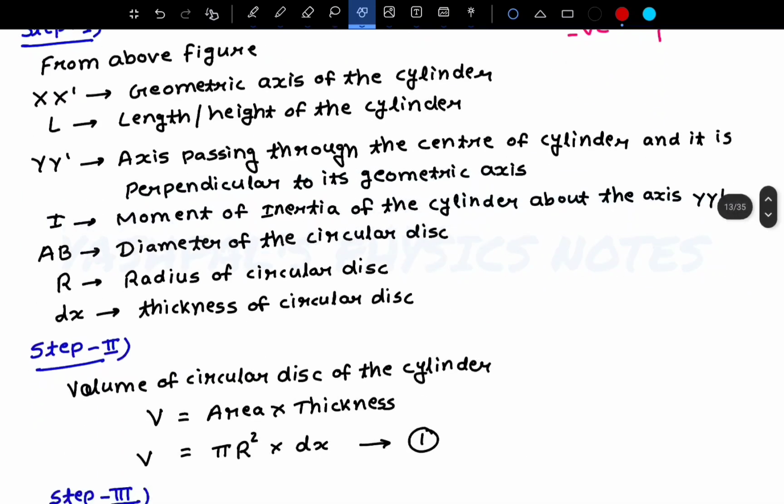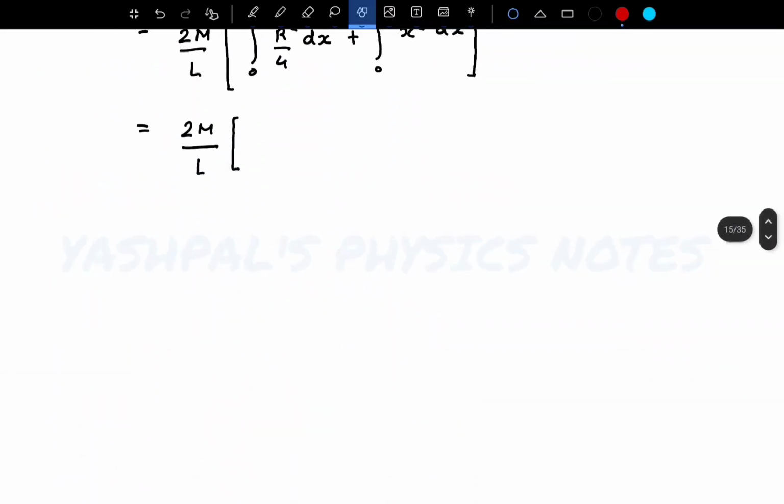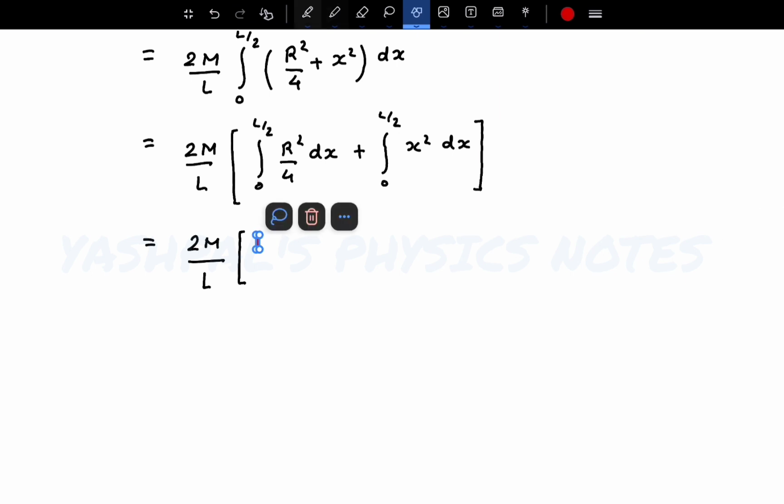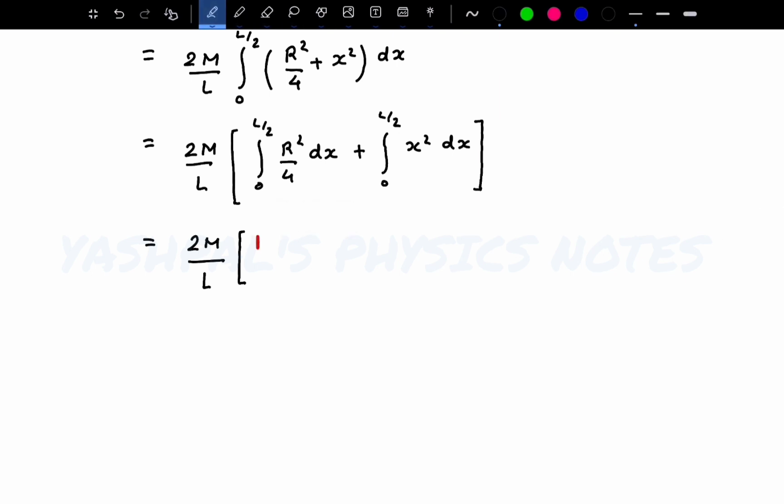So radius here is not changing, so I can take it outside. So here I can write R square by 4, and 4 is the constant term, so I can take both outside of the integration. So I can write the remaining term, integration 0 to L by 2 dx plus integration 0 to L by 2 x square dx.